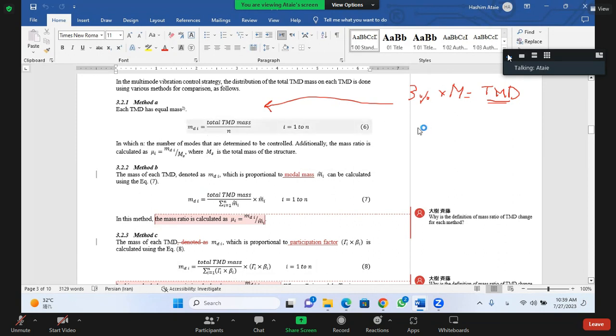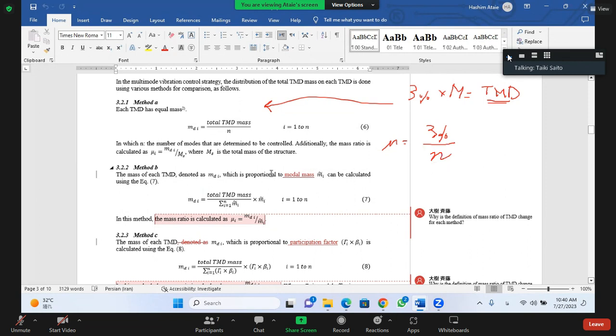Yes, Sensei. In the paper, they did it like this, with the number of increments. So in this case, the mass ratio will be 3% divided by the number of TMD. It means 1%, Sensei, for each TMD.